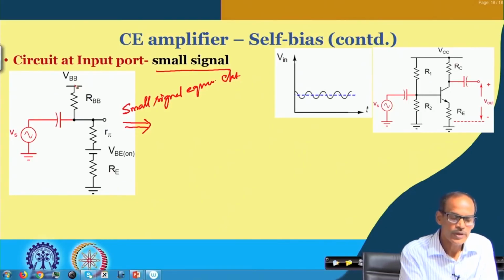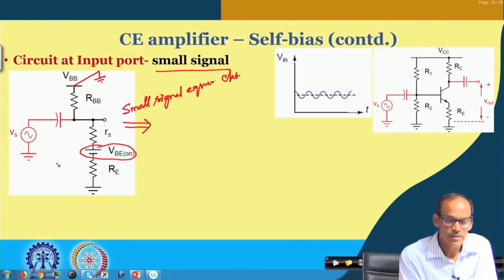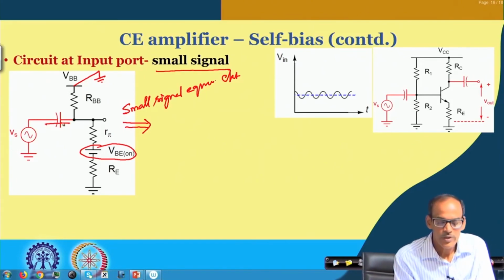What you have to do here, we have to make it AC ground. We have to drop this part and then we have to short it. So, what we have is a signal source shorted to the base node.